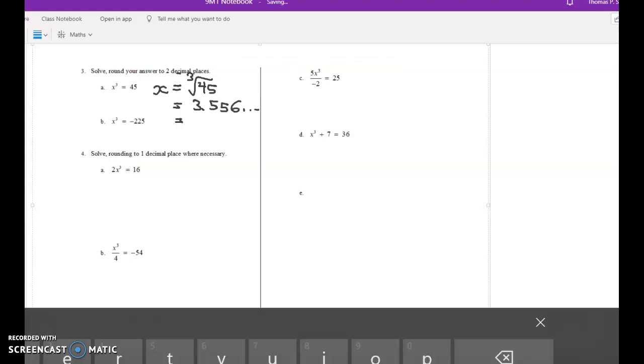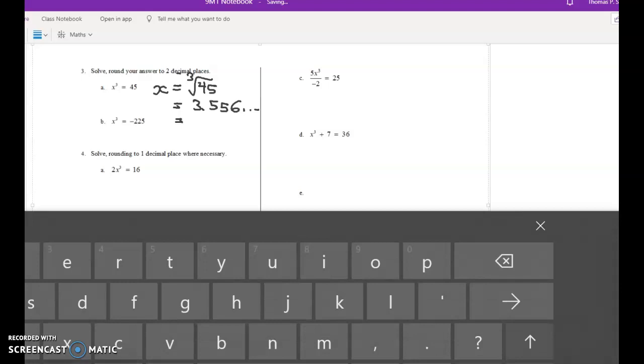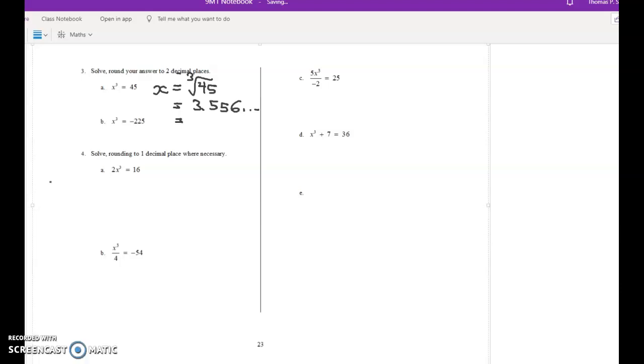And so your final answer will be 3.56, to 2 decimal places.